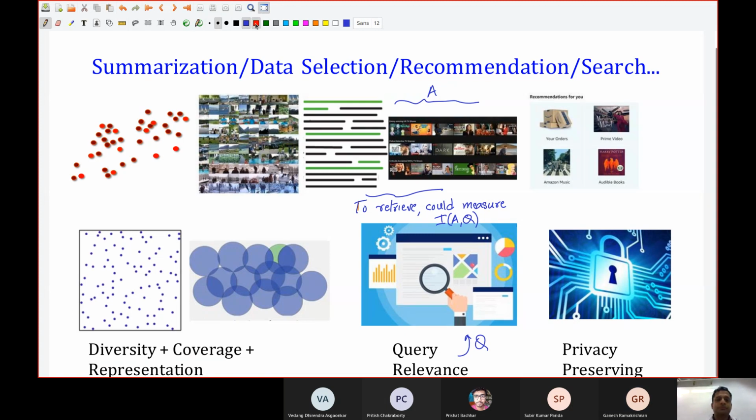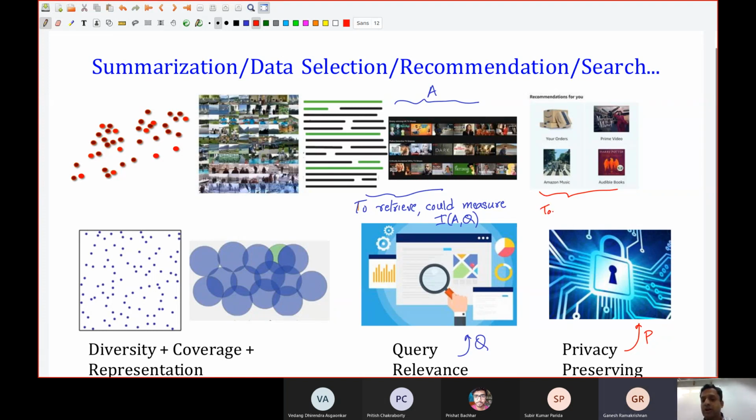Likewise, for privacy preserving, I could have a P, and I might be interested in my personal information not being revealed, my face information not being revealed.